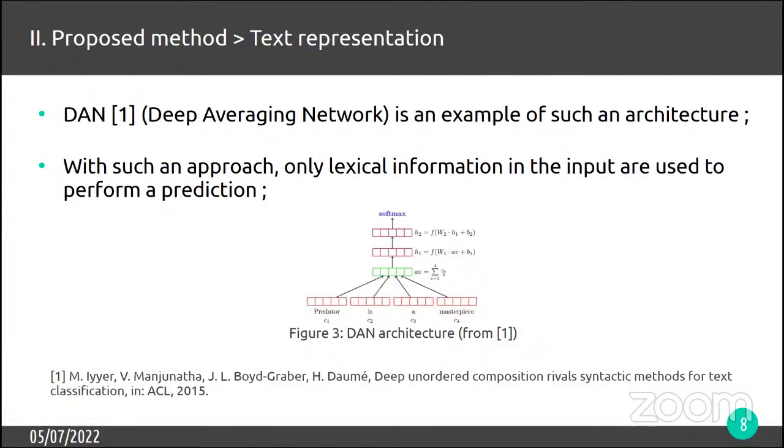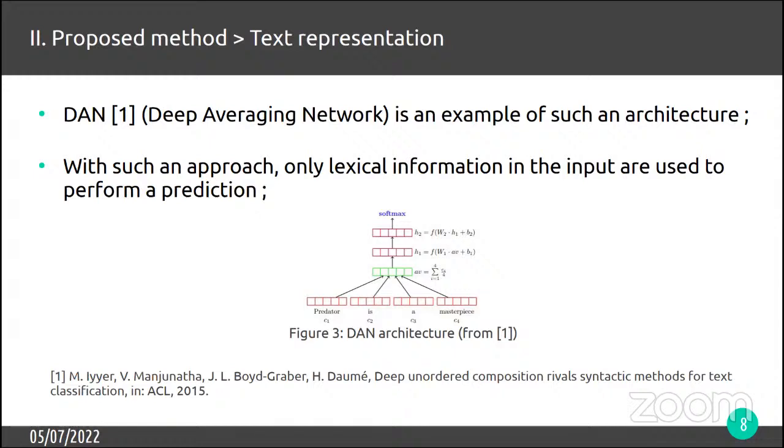The best known of these models is DAN, Deep Averaging Network, published in 2015. It's an example of such an architecture where the input word embeddings are simply averaged and then projected into a further latent representation, depending on the task, for example for classification. Actually, it works for some tasks.